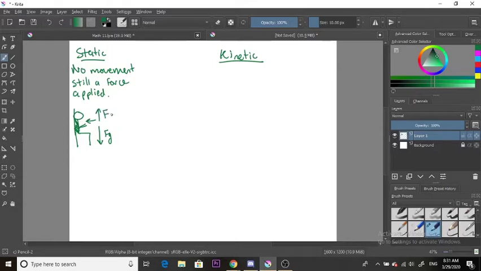So there is in fact a friction force. Now when we write static friction, we're going to write F of S. S is for static friction.